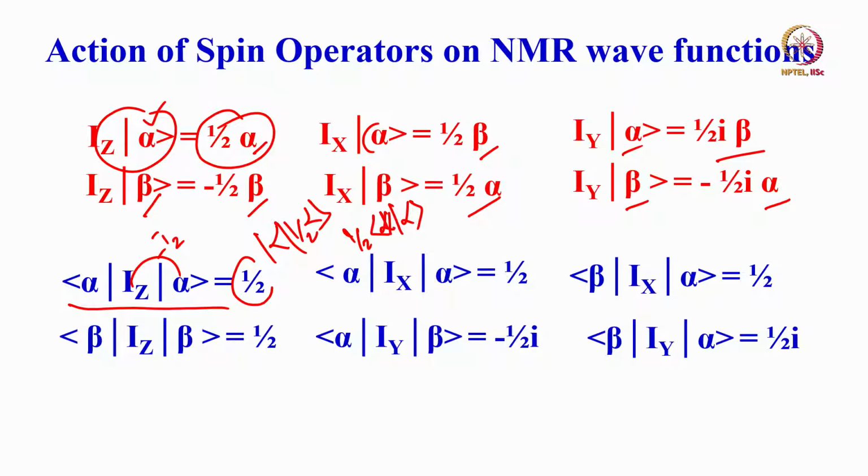Similarly, if I take beta, I z operating on beta is equal to minus half beta, so I take the half outside, and beta beta is going to be 1. So this value is minus half.